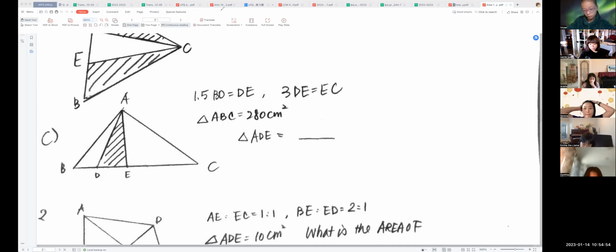BD is smaller than DE. Let's say Emma has 10 dollars, and 1.5 times Emma's 10 dollars equals Serena's money. Who has more money? Serena has more. So we can just make this one: 1.5 BD equals DE, so BD equals 1 and DE equals 1.5 parts. Understand, everybody?